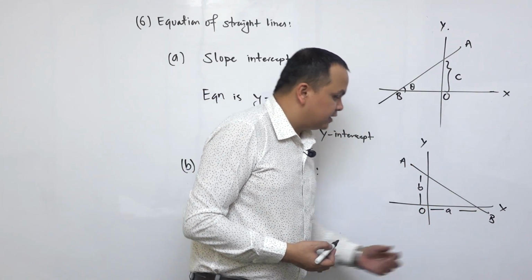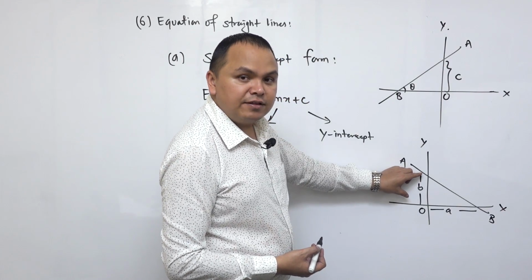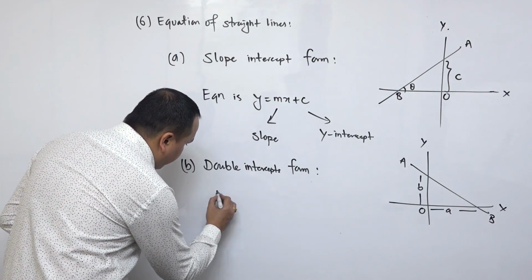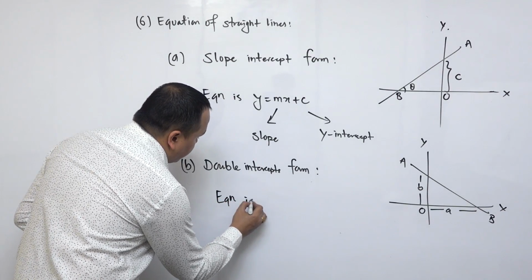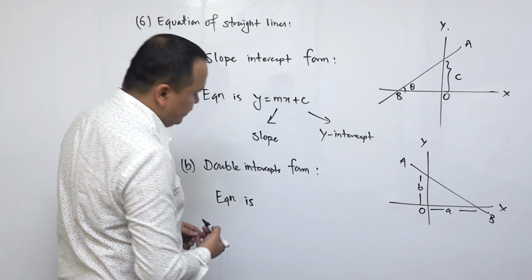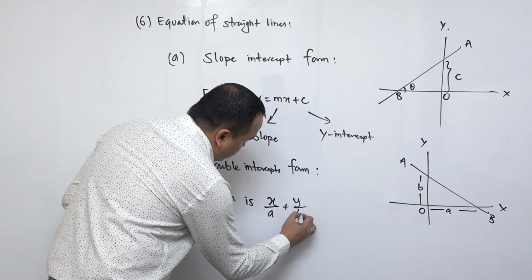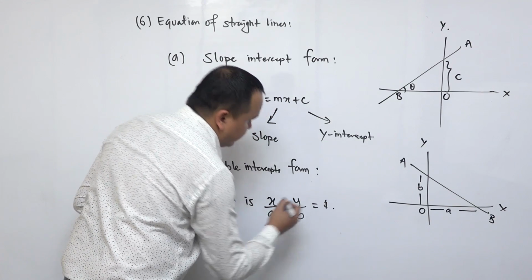So x-intercept is a and y-intercept is b. Then the equation in double intercept form is x by a plus y by b is equal to 1.